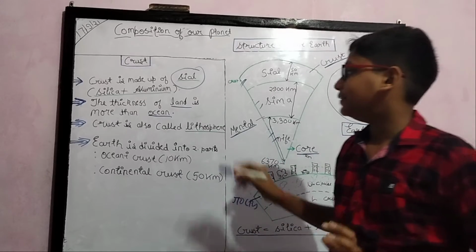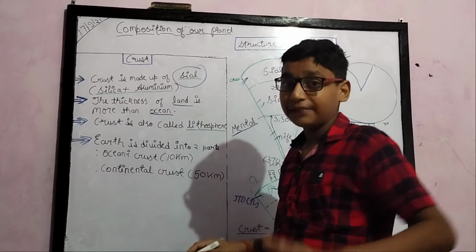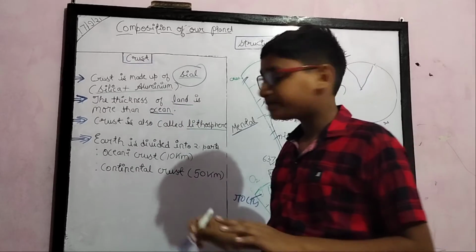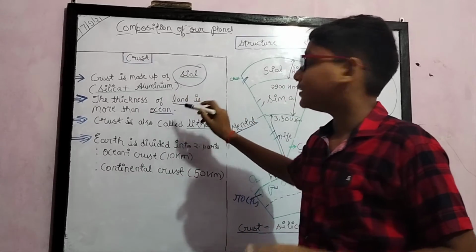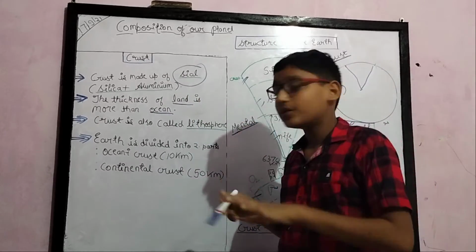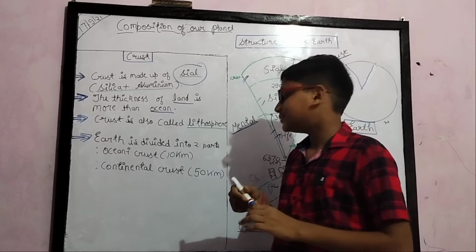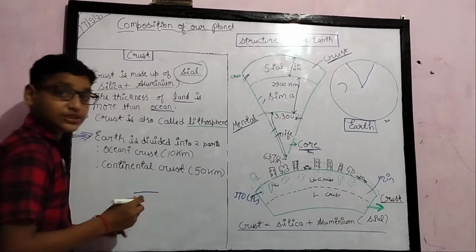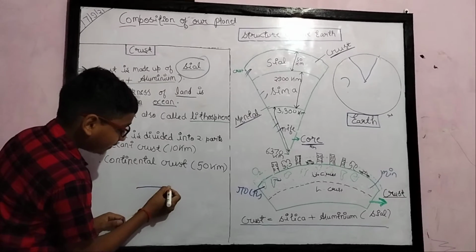The thickness of land is more than the ocean. The land on which we are standing is thick, but the oceans are less thick. Suppose this is the land, and from here the water starts.